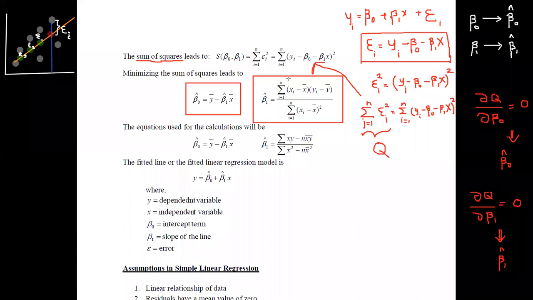Beta 1 hat is equal to the summation i goes from 1 to n of x i minus x bar times y i minus y bar, divided by the summation i goes from 1 to n of x i minus x bar squared. We can use this notation also: S xy divided by S xx.